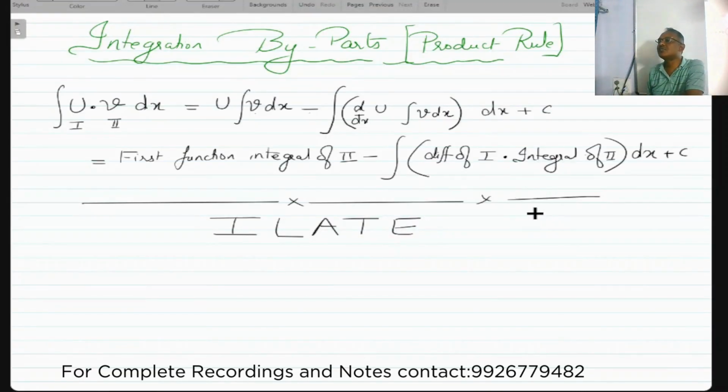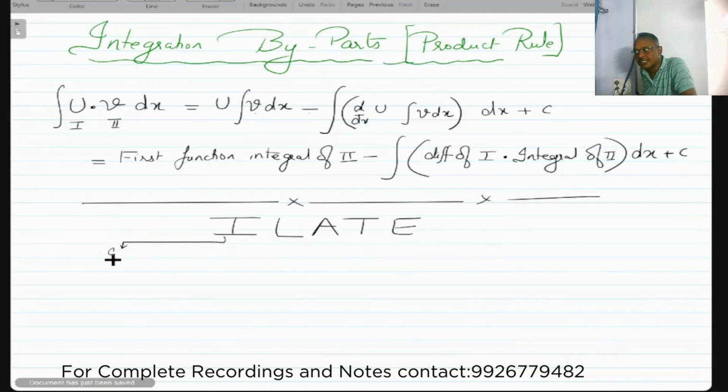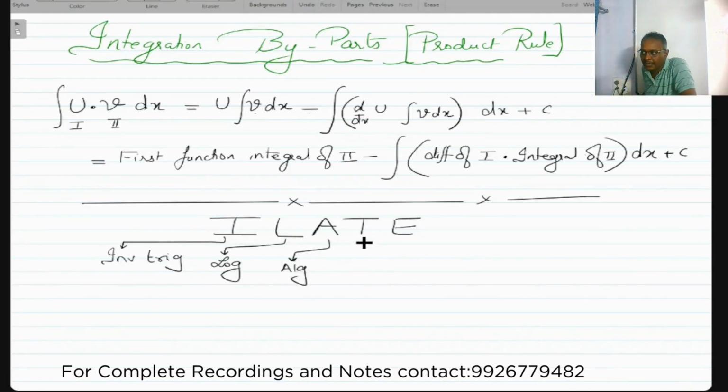ILATE rule decides which one to be taken first and which one to be taken second, where I stands for inverse trigonometric function, L stands for logarithmic function, A stands for algebraic function, T stands for trigonometric function, E stands for exponential function.